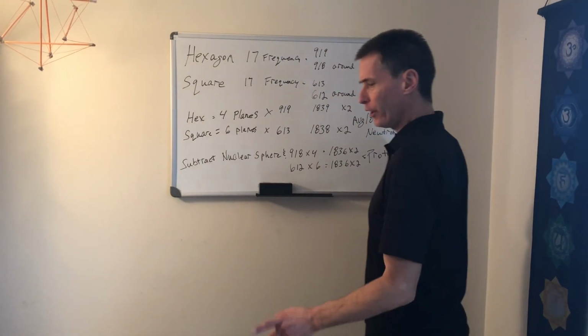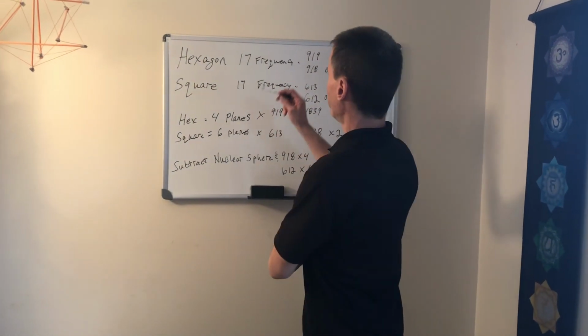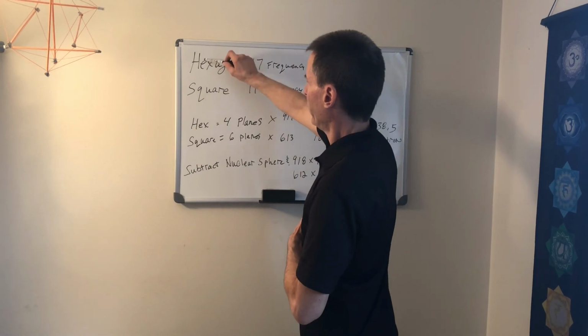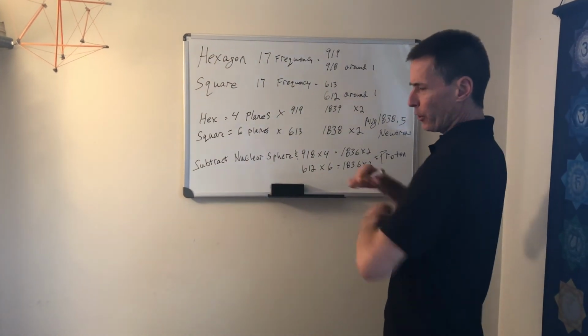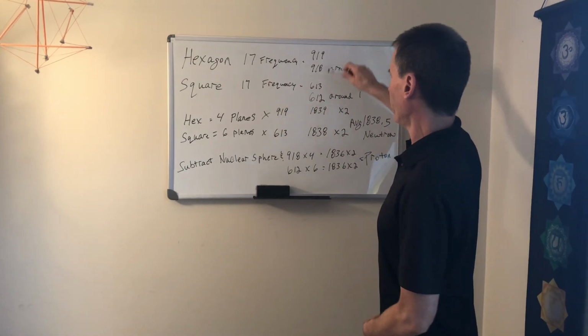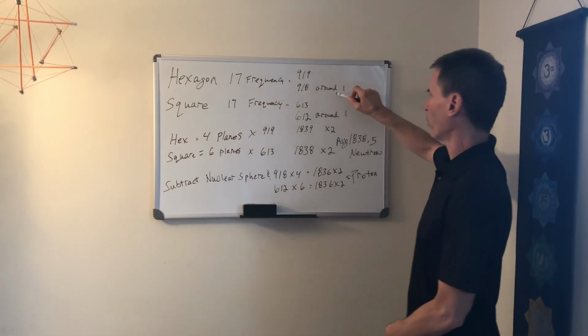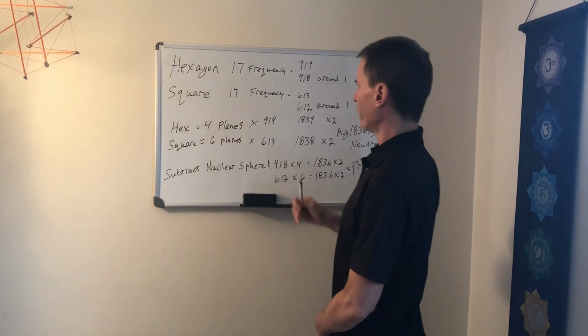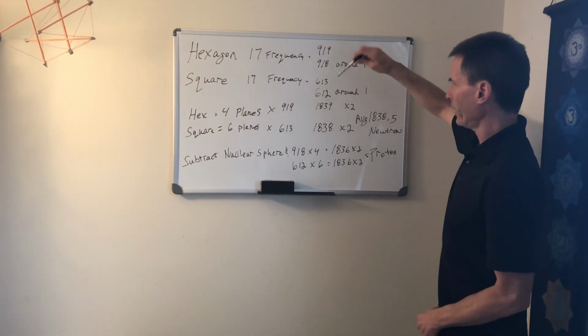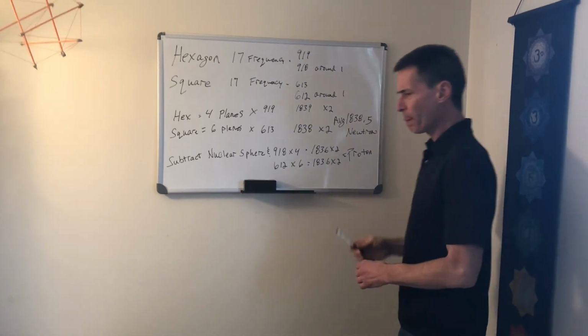learned earlier regarding what happens in the 17 frequency plane of the hexagon and that 17 frequency square plane. When you closest stack squares in a hexagonal plane, you get 919 for a total of 918 around 1. And when you do the same thing in a 17 frequency square, you get 613, or 612 around 1.